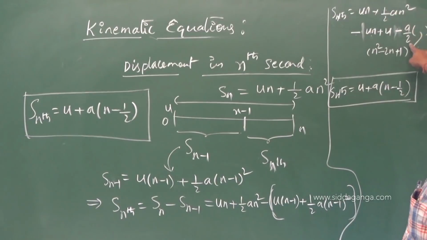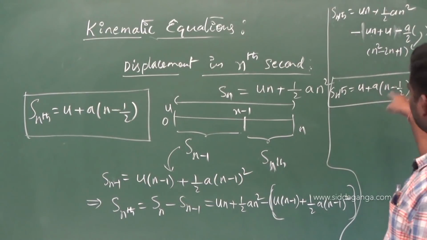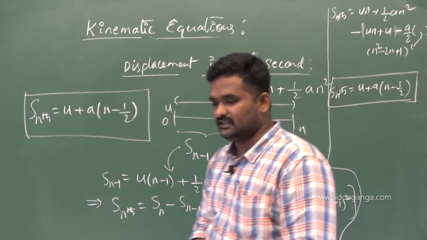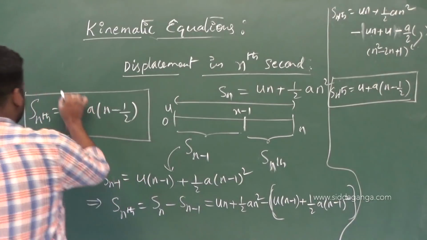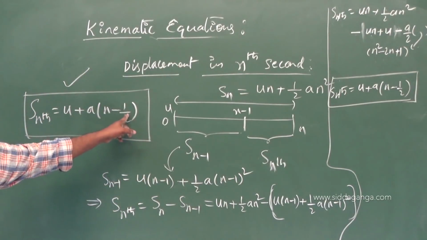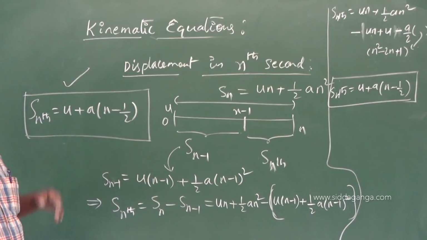Minus a by 2 into n square plus a by 2 into n square, they get cancelled, and a by 2 into minus 2n plus 1 remains. Taking that calculation, finally you will end up with S nth equals u plus a into (n-1) by 2. This is the final equation you will get.